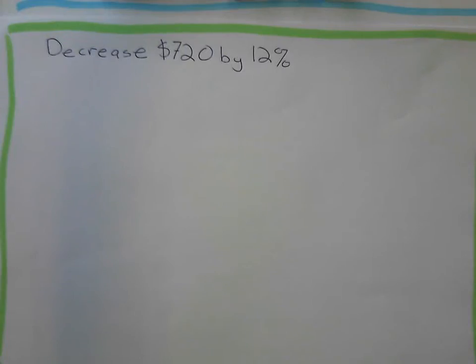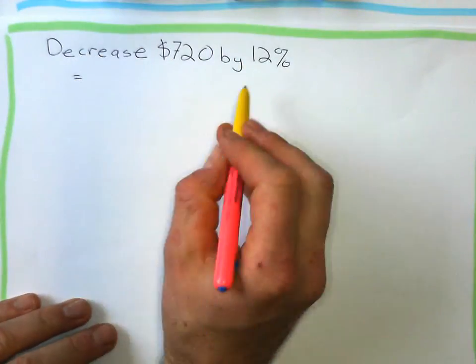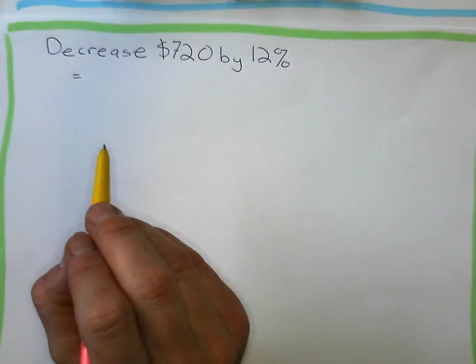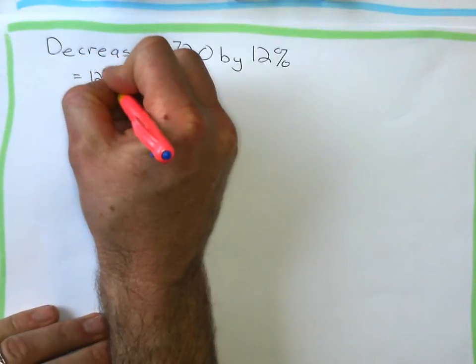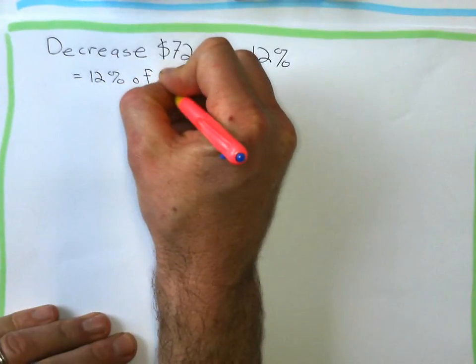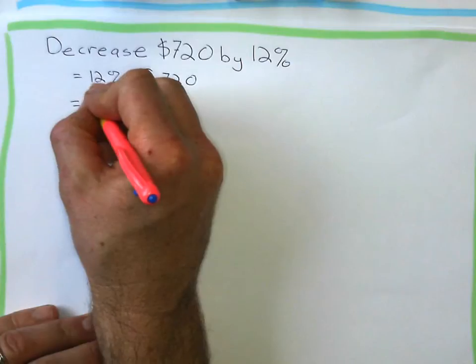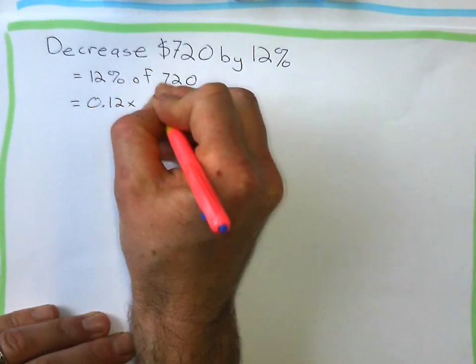So what about decrease? The long way of doing it is to find 12% of 720 and subtract it from 720. So I could find 12% of 720. Work that out. 12% as a decimal is 0.12. Multiply that.